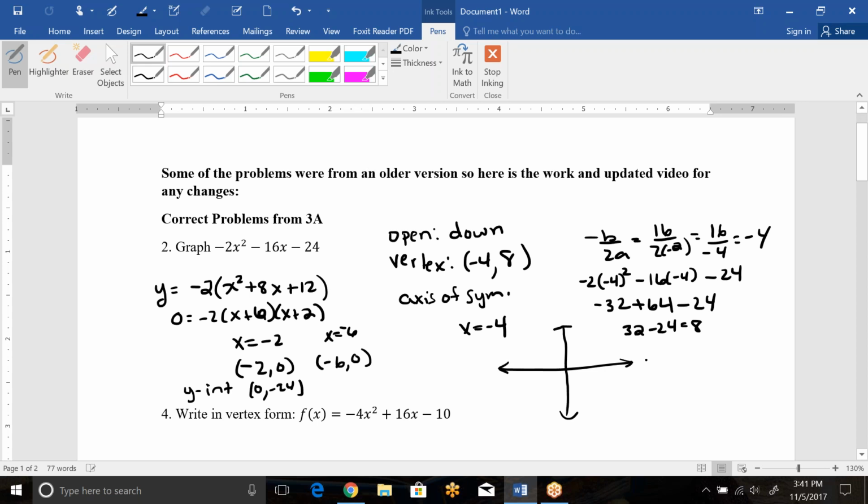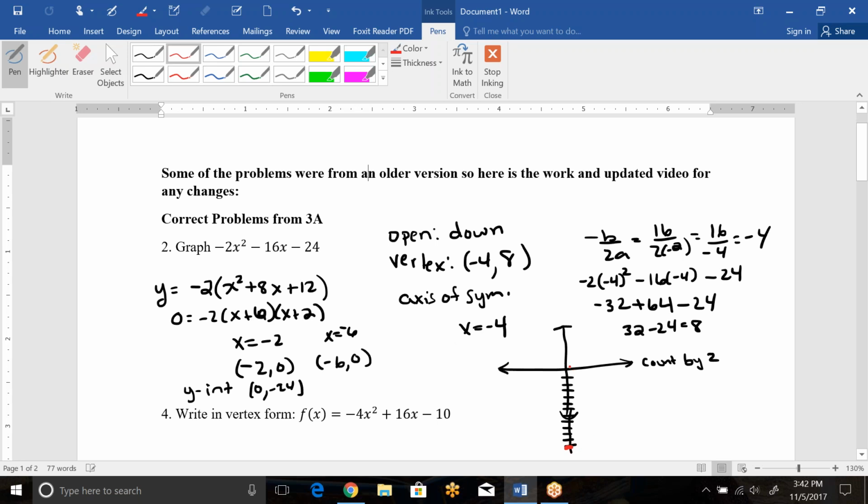So if we count by 2's, then this would be negative 2, 4, 6, 8, 10, 12, 14, 16, 18, 20, 22, 24. So my y-intercept's down here at negative 24.